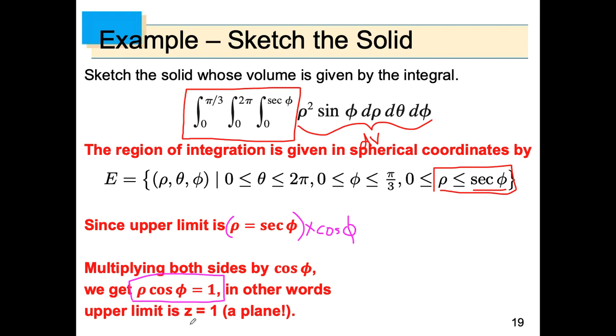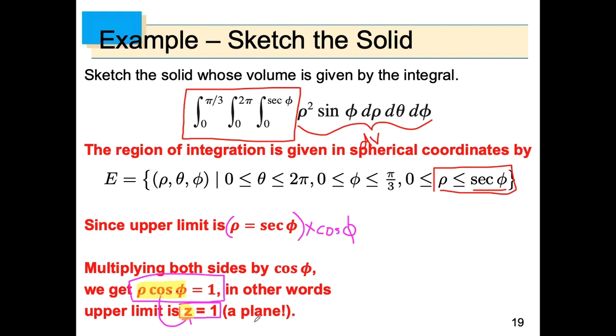And as we all should know by now, rho cosine phi is simply equal to z. So simply replace rho cosine phi with z, and we end up with the equation z equals 1, which is just a plane with a height of 1.